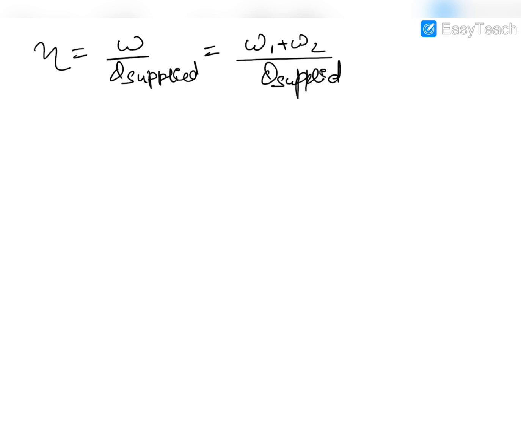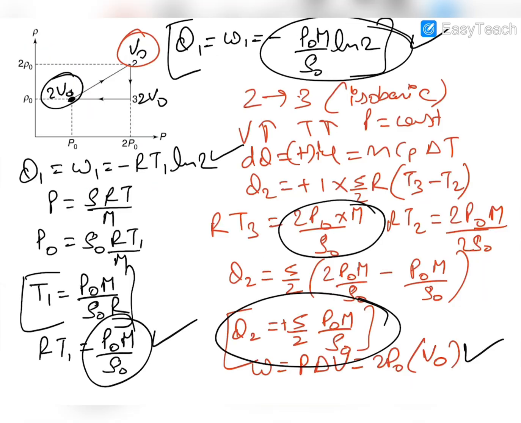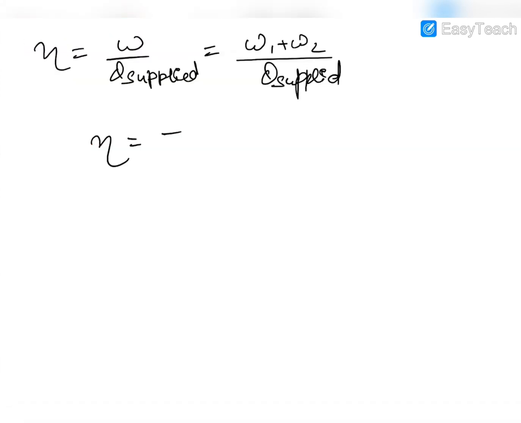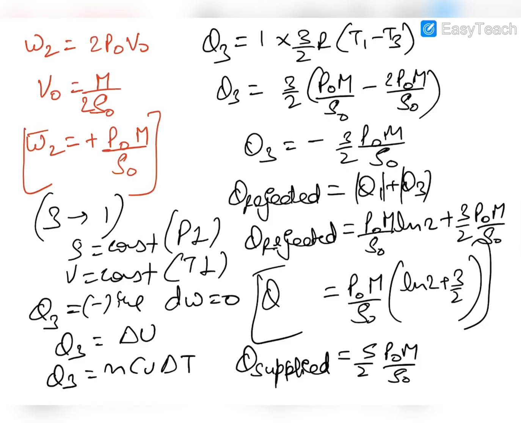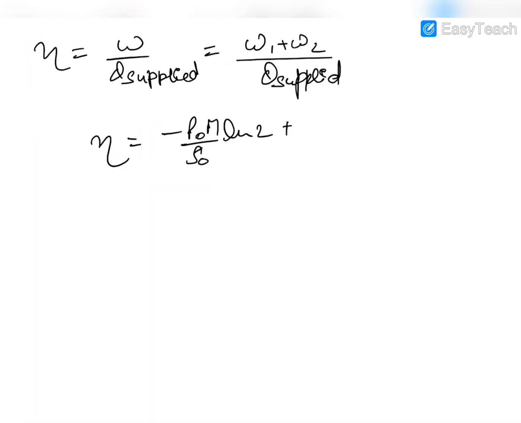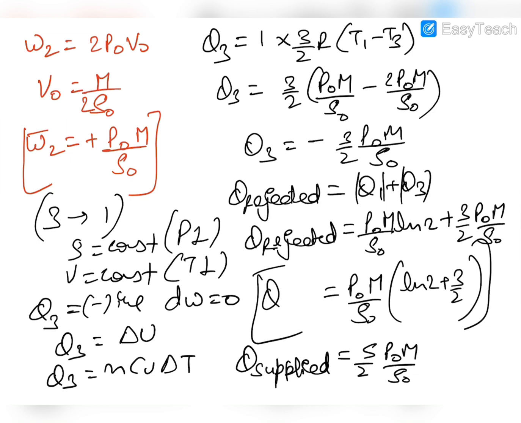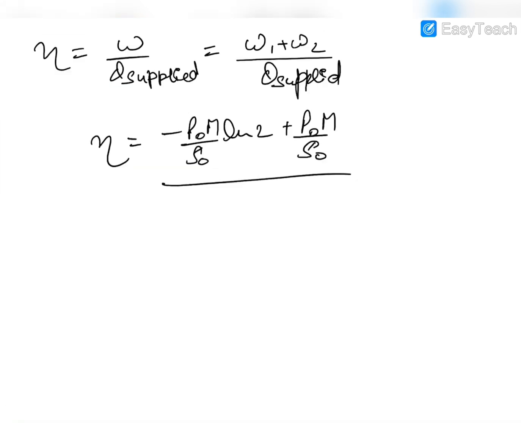So W1 was minus P naught m by rho naught ln2, and W2 will be equal to P naught m by rho naught. And heat supplied is 5 by 2 P naught m by rho naught.